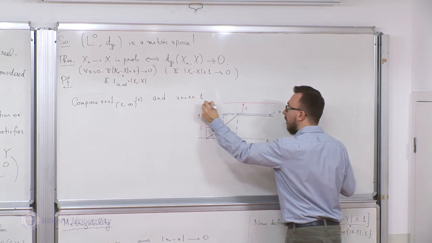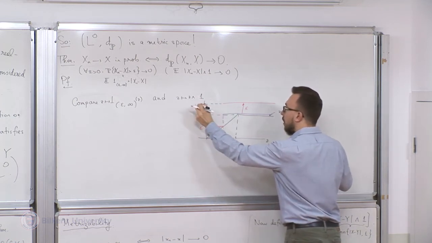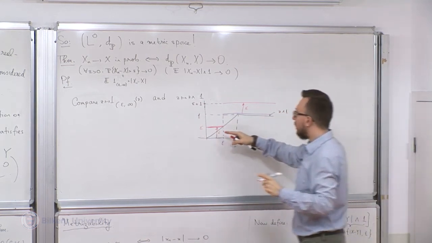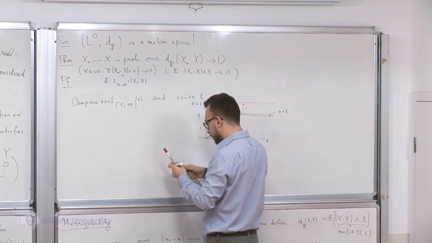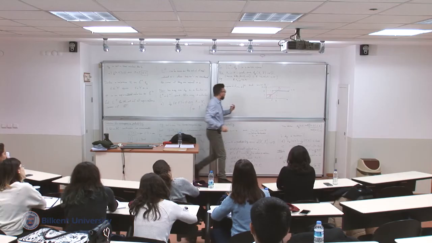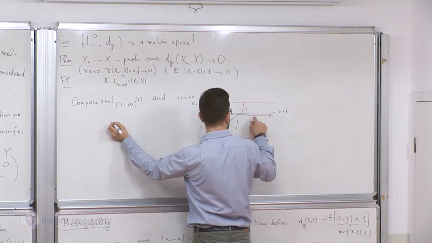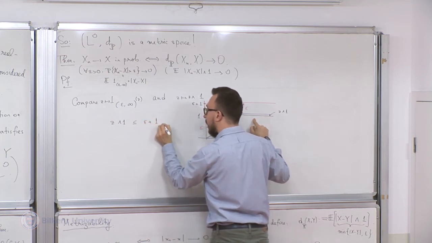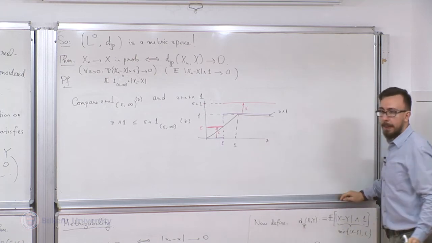So this is going to be epsilon plus 1, right? So in this case, we have this z minimum 1 is less than epsilon plus indicator of epsilon to infinity, right?